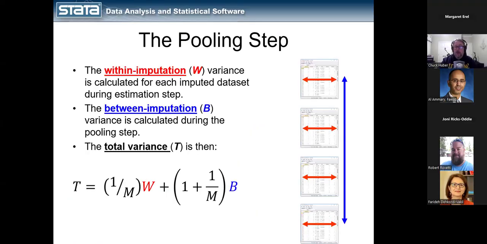Then in the pooling step, I now have within data set or within model variability, and I also have between data set variability. I'm going to use something called Rubin's rules to combine the results into one summary result. So it takes into account the between and within data set variability, and I get an estimate of the total variance.